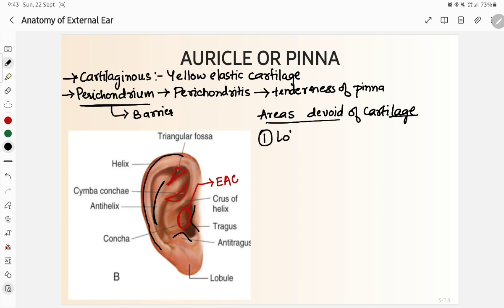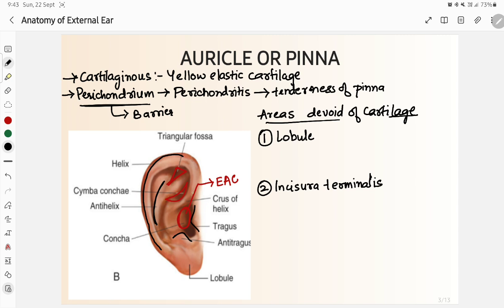Right, it is the lobule. And the second area is the incisura terminalis. Where is your incisura terminalis located? Can you identify, guys? Where is your incisura terminalis located?